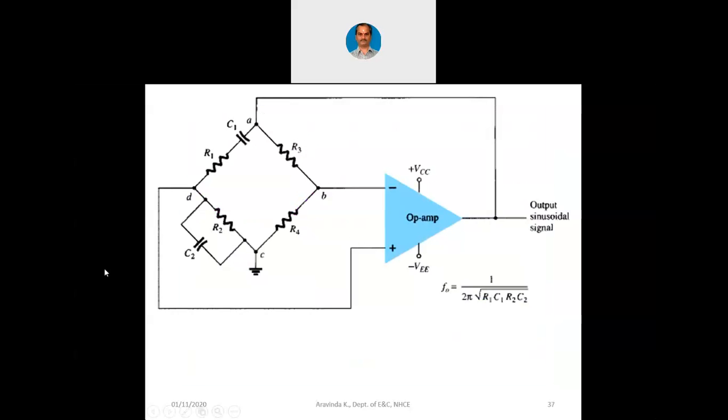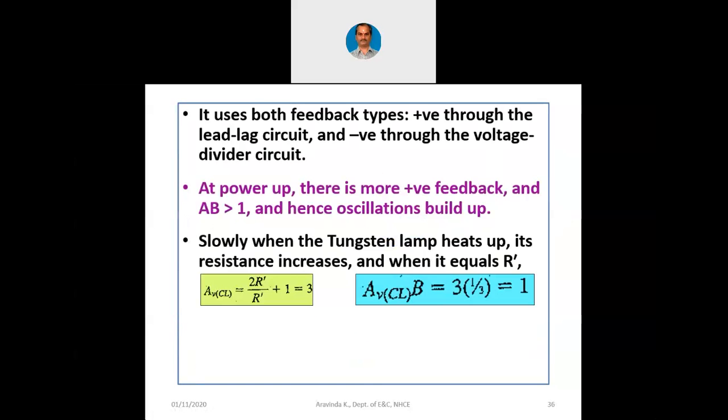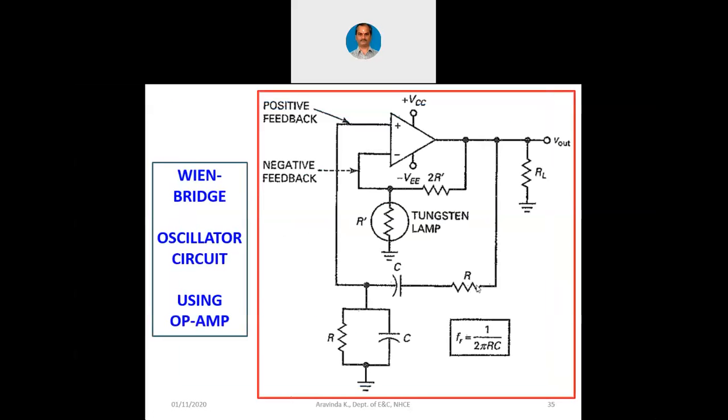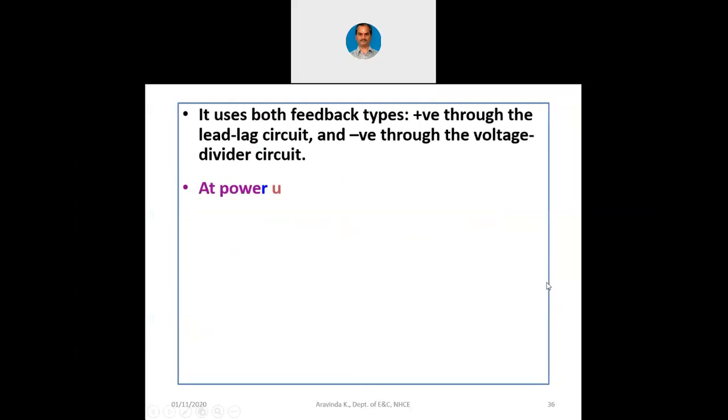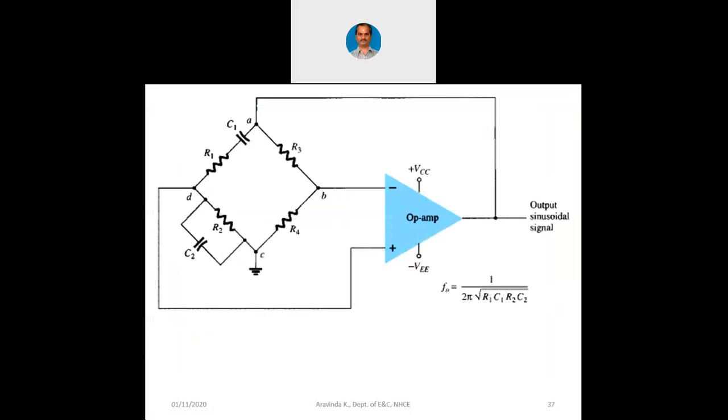Now you can see this circuit of the Wien bridge oscillator. Why is it called a Wien bridge? Do you see any bridge here? You can see RC, RC, one more R here. Actually, it is considered as a bridge configuration, just like a Wheatstone's bridge. You can see that this lead circuit and lag circuit are connected together in the left side branch. And in the right side branch, you can see R3 and R4.